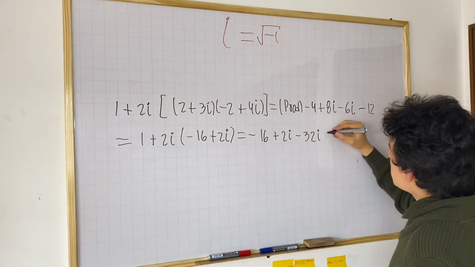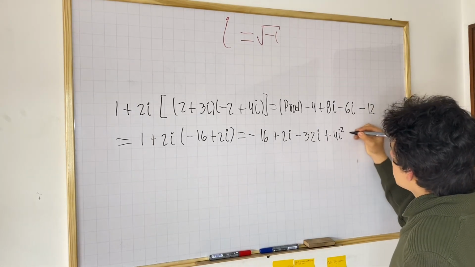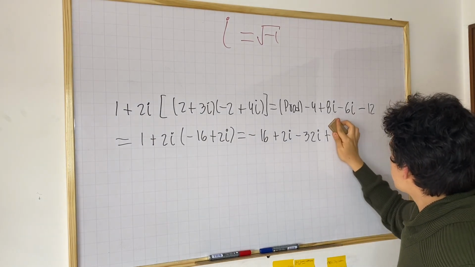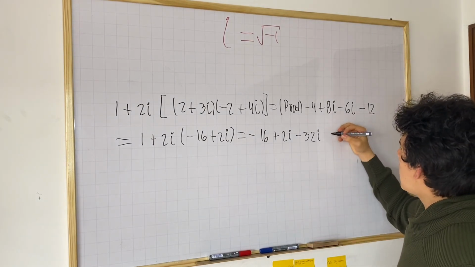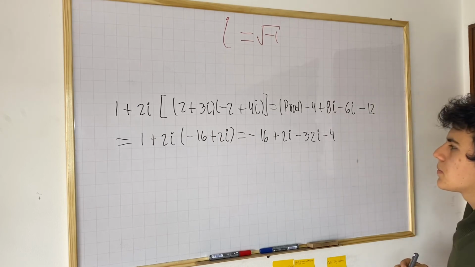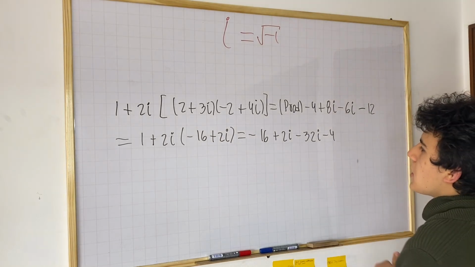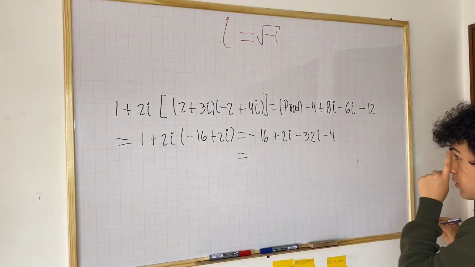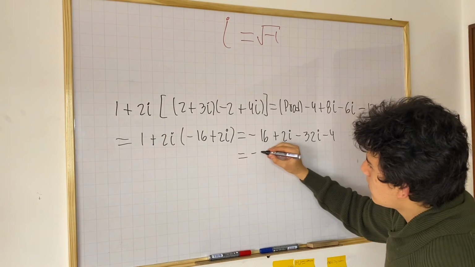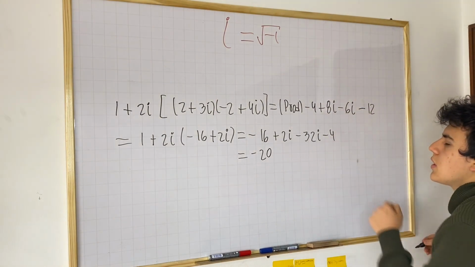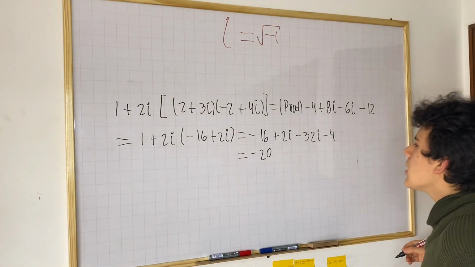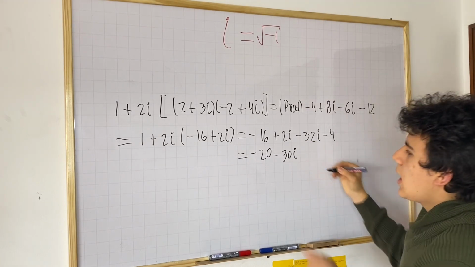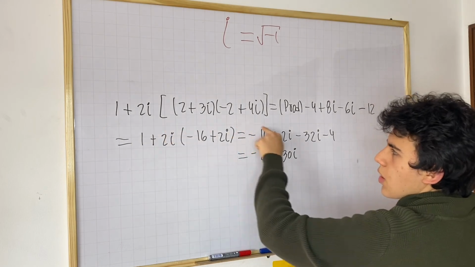And finally, plus 4i squared. We know 4i squared is just simply 4 times negative 1. So this is just simply minus 4. Cool. Now let's see what we can simplify here. This is going to be equal to minus 20, and 2i minus 30i. And this is our answer for this product right there.